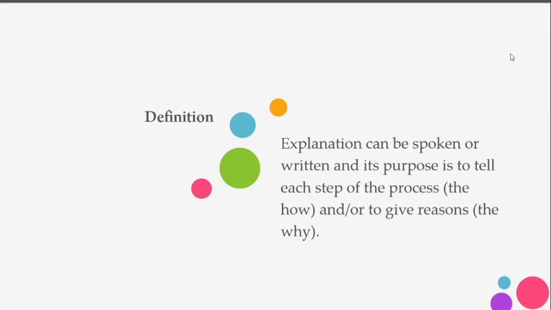Explanation texts are a factual genre. As a genre, explanation texts describe in detail and logically the stages in a natural, social, or technological phenomenon of our world. In conclusion, explanation texts combine how and why.